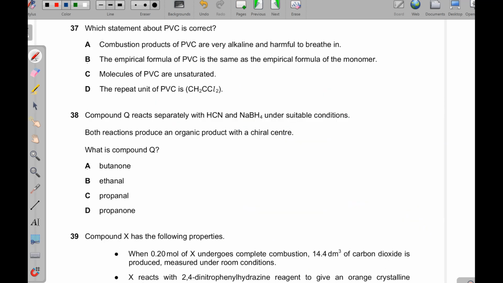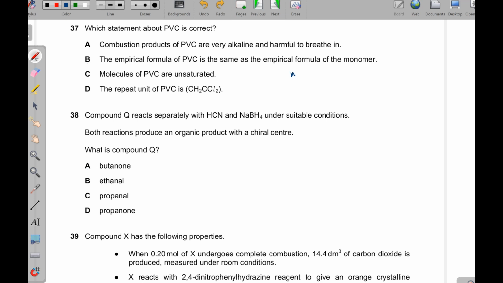C. Question 37. Which statement about PVC, that is polyvinyl chloride, is correct? Part A. The combustion products of PVC are very alkaline and harmful to breathe in. Actually, they are not alkaline, they are acidic because there is chlorine here.